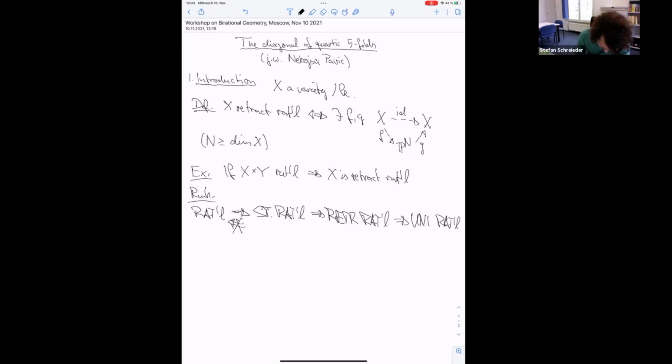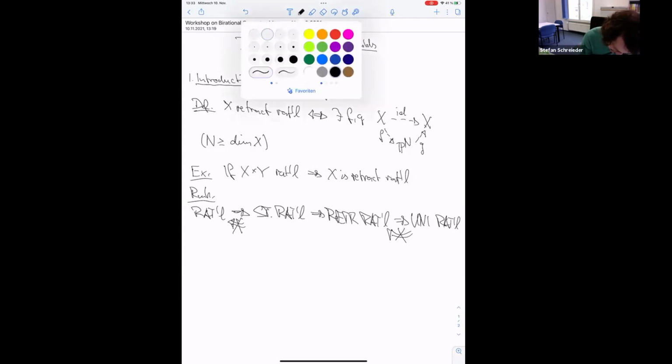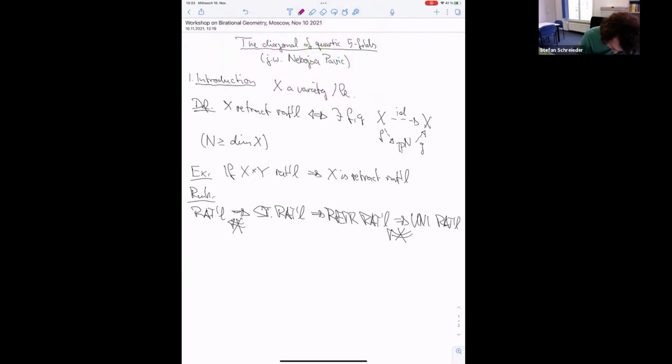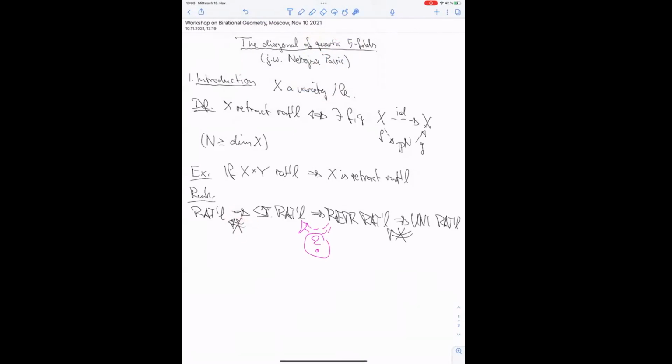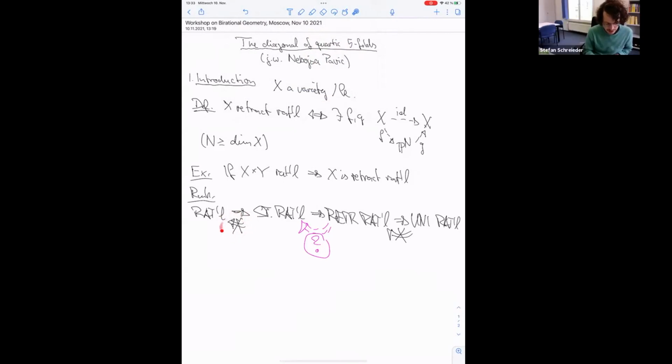And this is also not true. And here we don't know. Okay, so this is this famous example of a threefold that is stably rational, but not rational, due to Beauville, Colliot-Thélène, Sansuc, and Swinnerton-Dyer, and this is the Artin-Mumford example.